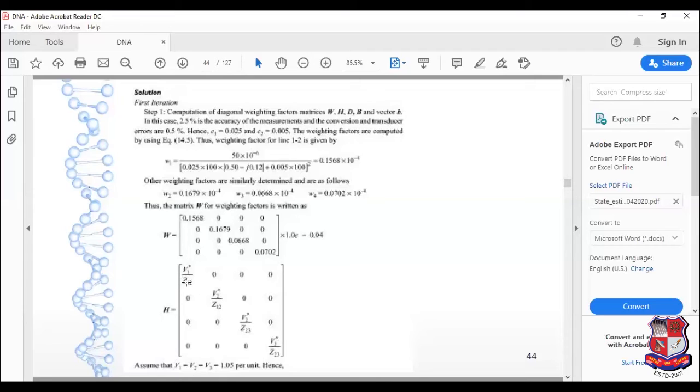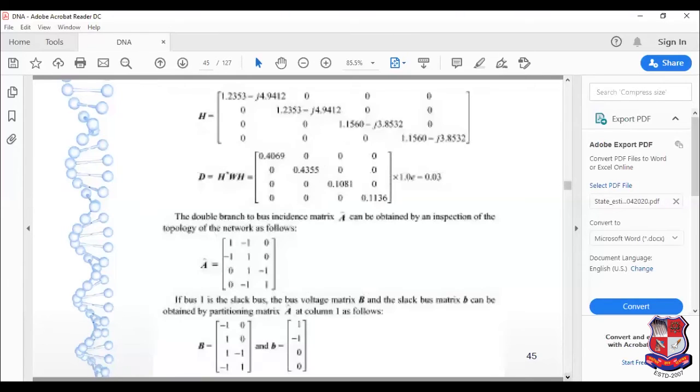Over here, bus numbers 1, 2 and 3 are connected and 4 measurements are taken. In order to solve this numerical, we have assumed that initially the voltage at bus number 1, bus number 2 and bus number 3 is 1.05 pu. Now, if we assume bus number 1 as the slack bus, then determining small b and capital B will be very easy.